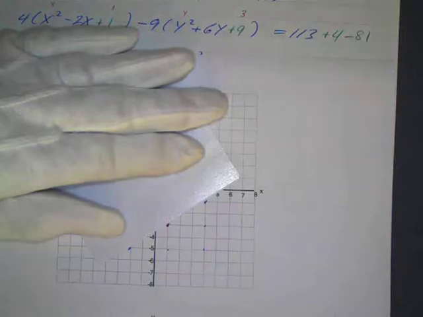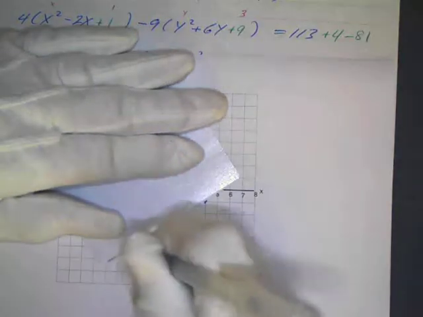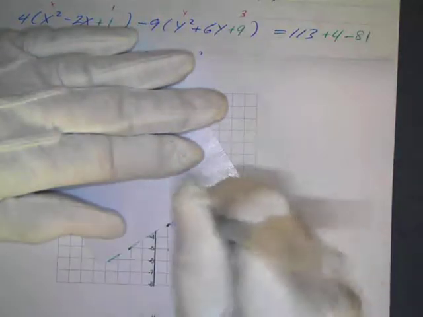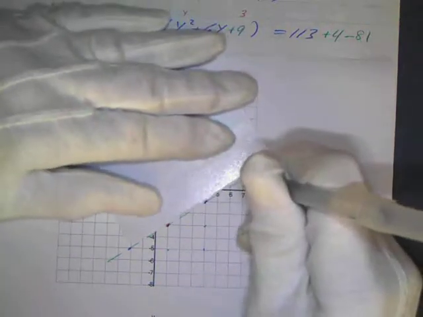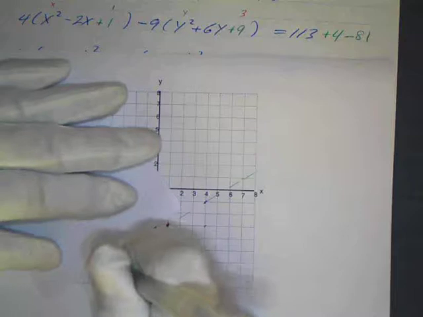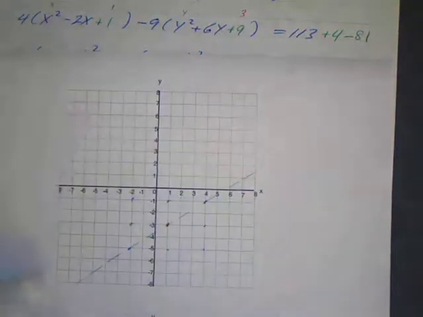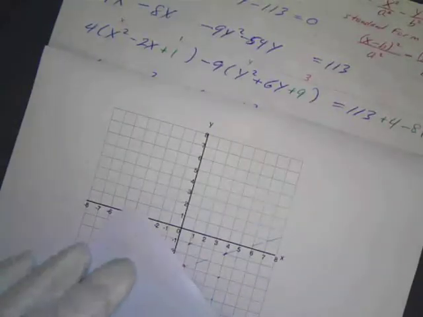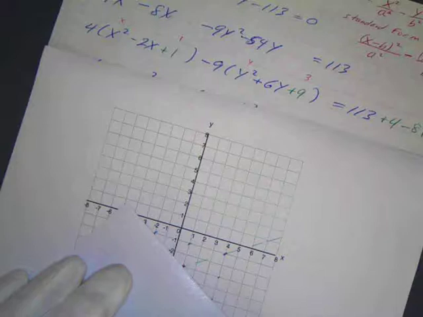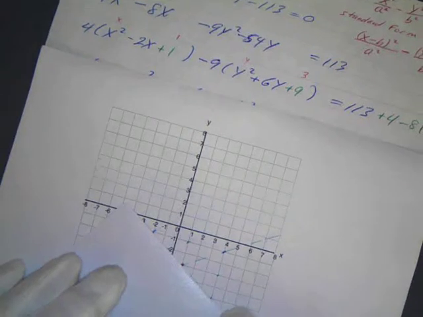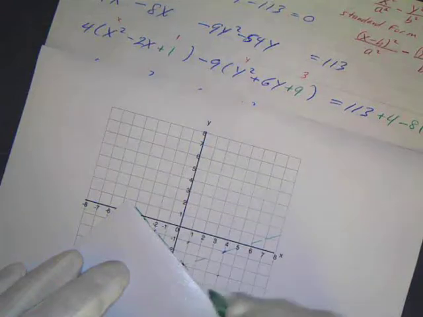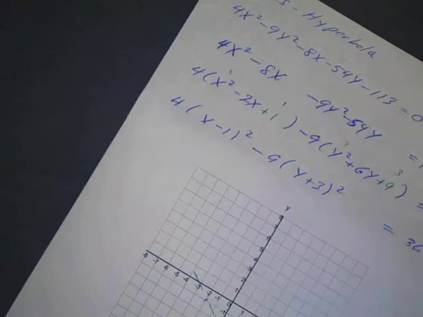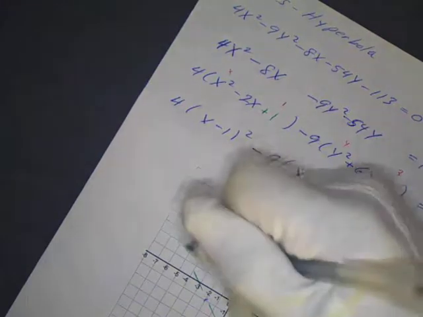There's a dashed line for those. Okay, and then the other side. So those are your asymptotes, and they keep going down like this, and up like that.